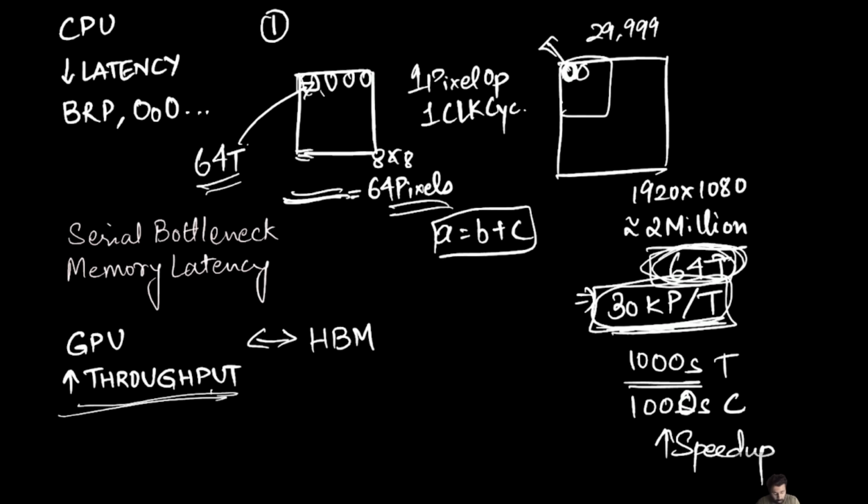Now you might wonder, why can't we pair a CPU with an HBM? I might still be well off and not have memory latency. Well, that is not true, because even if you pair it with a CPU, you're not actually using the bandwidth. You don't have enough threads to. So this takes care of our first problem, that is a graphics workload.